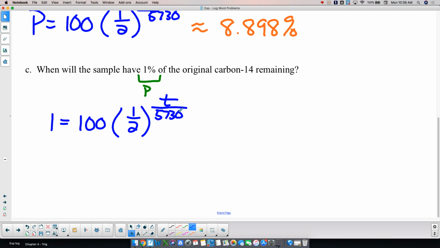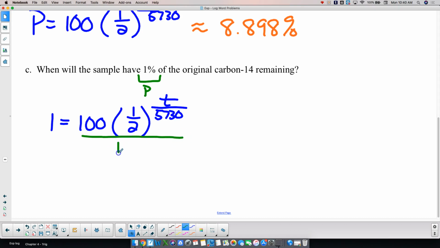No, because it told me that P was in percent already. How am I going to solve this one? Don't you divide by 100? Love it. Divide by 100 first. Isolate the log.